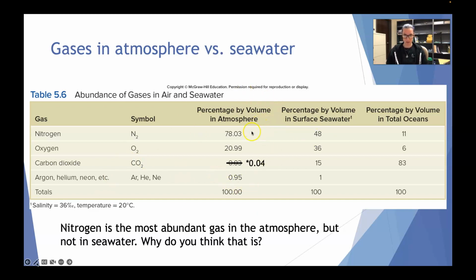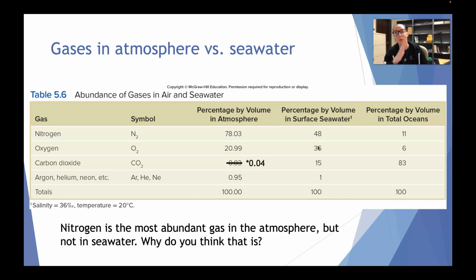So even though nitrogen consists of 78% of our atmosphere, it only consists of about 48% of our surface seawater, whereas oxygen, even though it's only 21% of the volume in our atmosphere, is 36% in the surface water. Surface water is very, very important here, right? And then CO2 at the surface is only about 15%, with our other constituents in there as well.